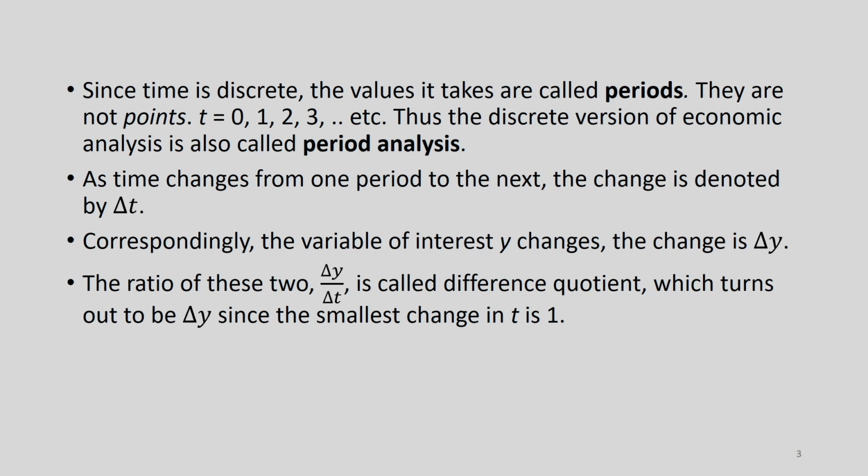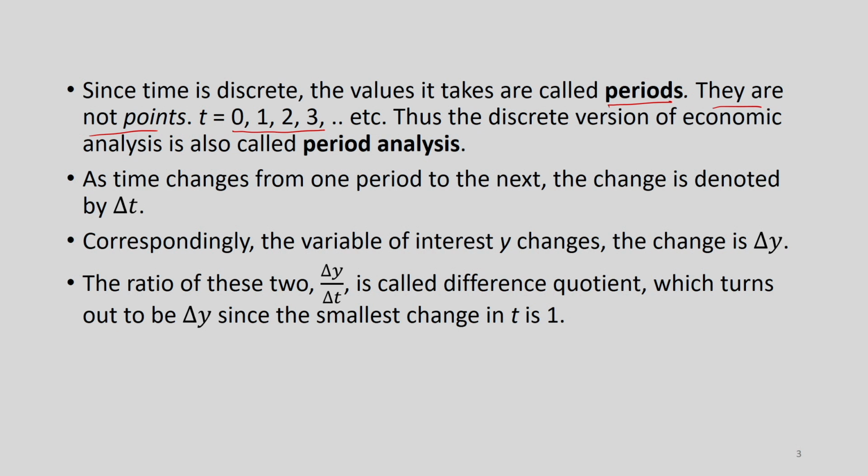Since time is discrete, the values it takes are called periods. They are not points of time, but they are periods of time. So, t, that is time, can take these values, whole numbers 0, 1, 2, 3 like that, and each of these is called a period.